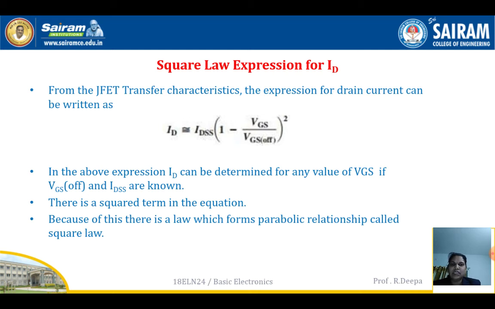You can observe there is a square term in this equation, hence it is named the square law expression for obtaining the drain current ID, which forms a parabolic relation. This equation we need to remember while solving problems, because the IDSS and VGS off values will be given, and you will be asked to find the drain current using the square law expression.